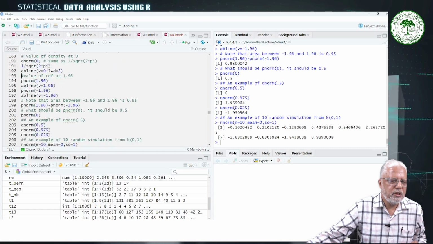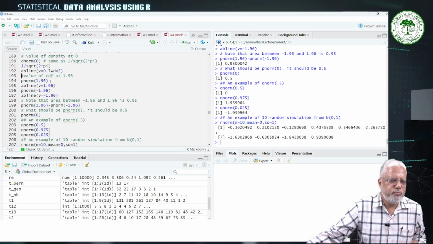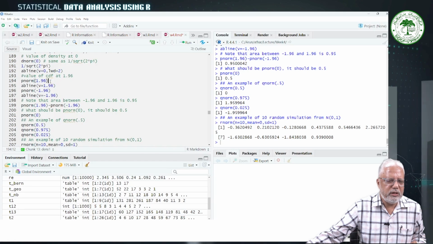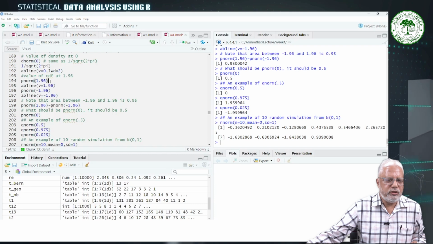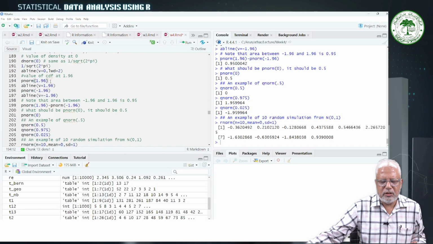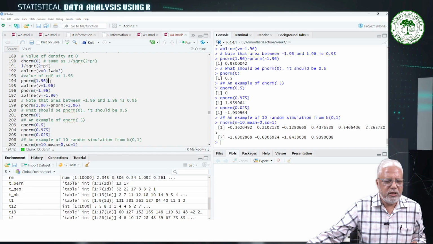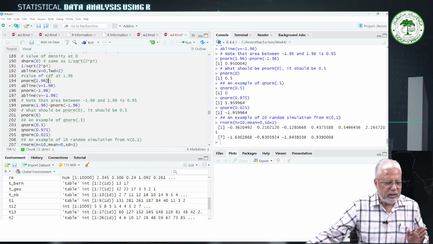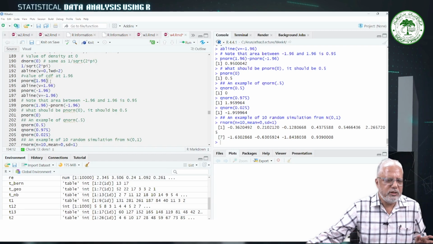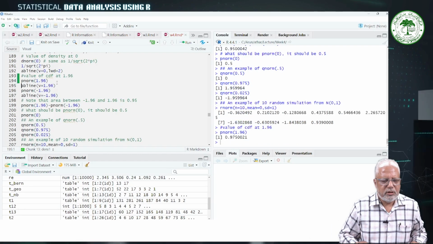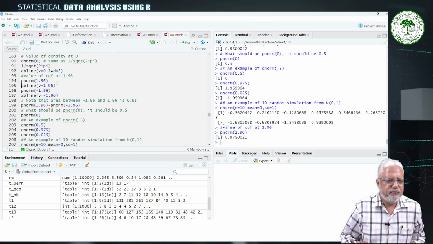1.96, see abline. Now pnorm, that is the probability, the value of the CDF at 1.96. It is a well known result that the area under the normal curve below 1.96 is 0.975.